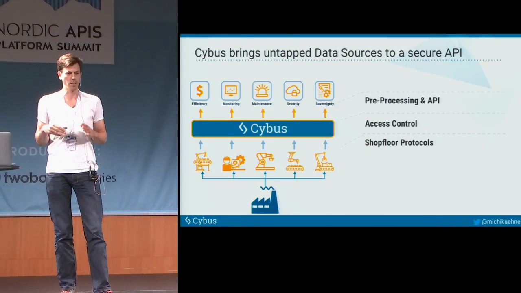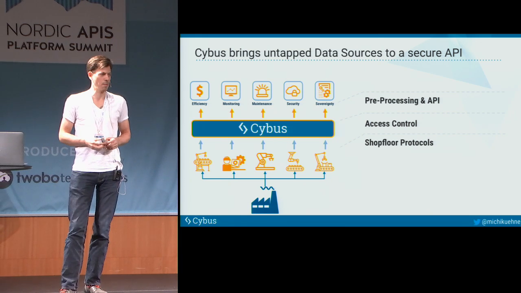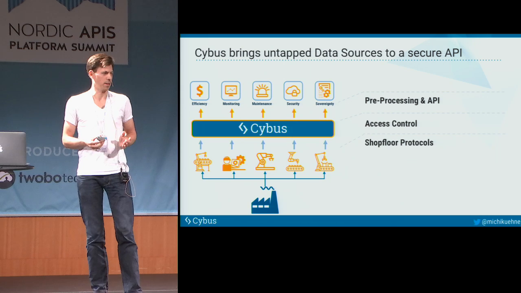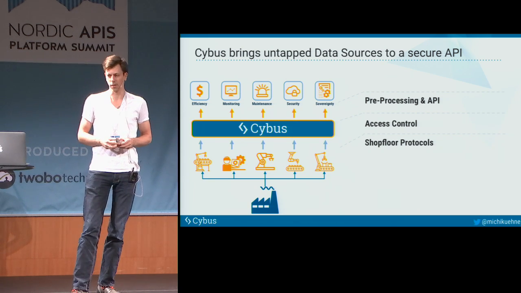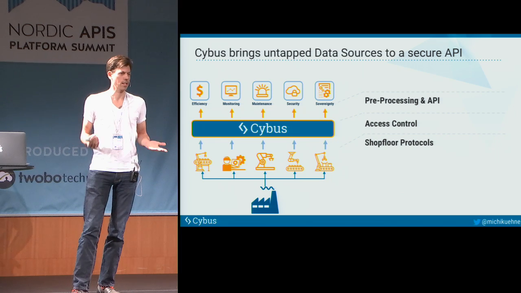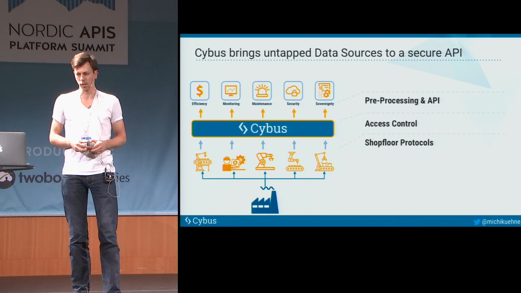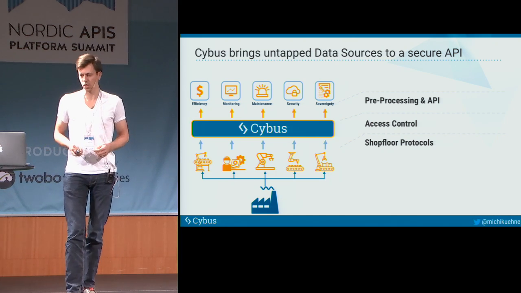We map these devices to a REST API or to MQTT, and this enables manufacturers of industrial devices to provide services for these devices, like predictive maintenance or monitoring, and make sure that everyone just gets the data they should. So we provide access control based on data point level. And this is powered by a microservice architecture.